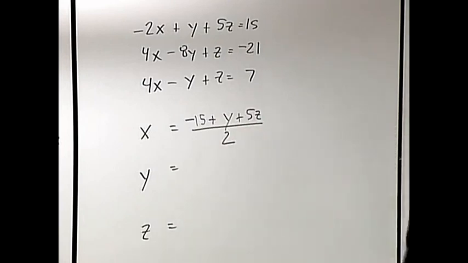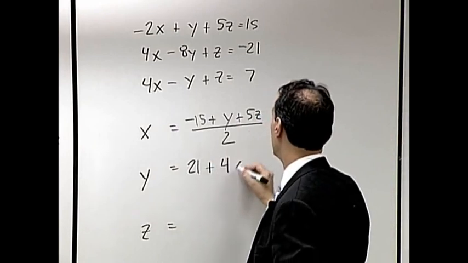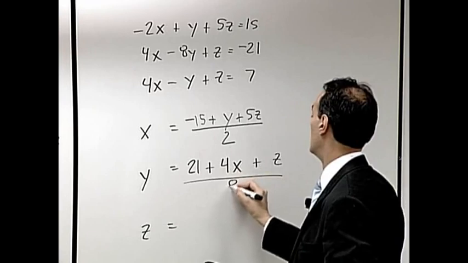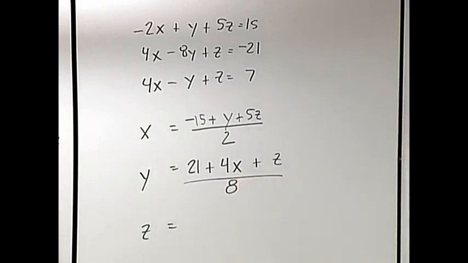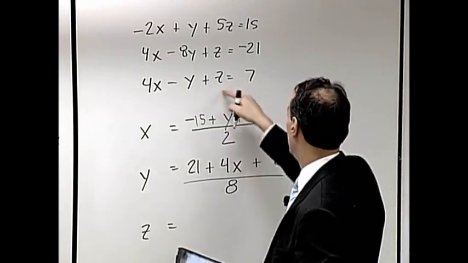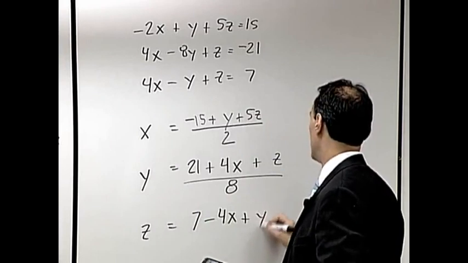From the second one, solve for y. In fact, if I solve for y, I get exactly what I had before. There it is. And from the third, when I solve for z now, I get 7 minus 4x plus y.